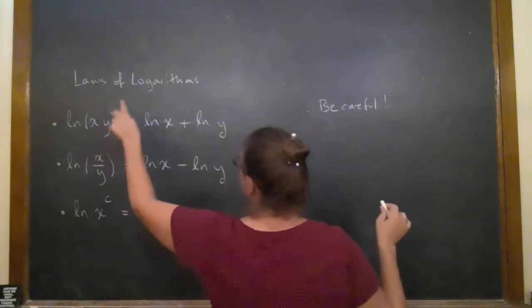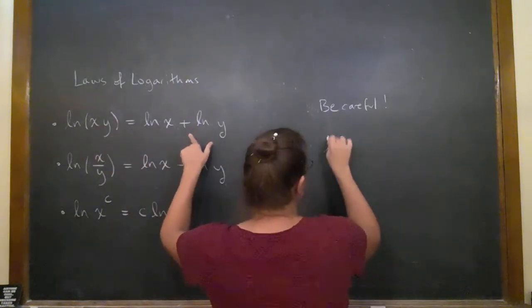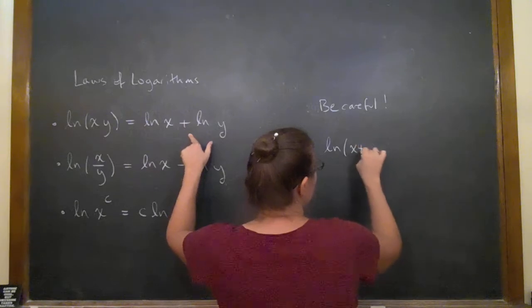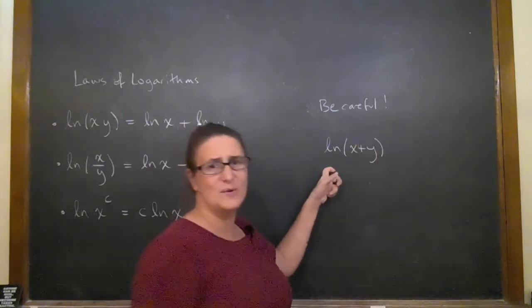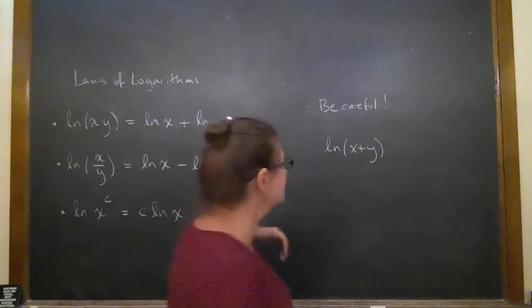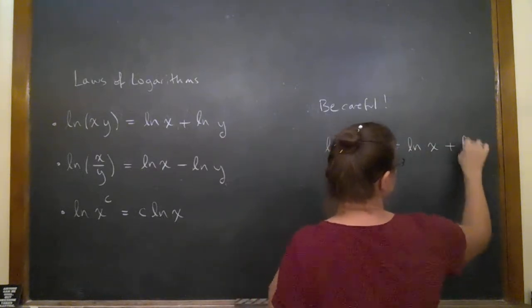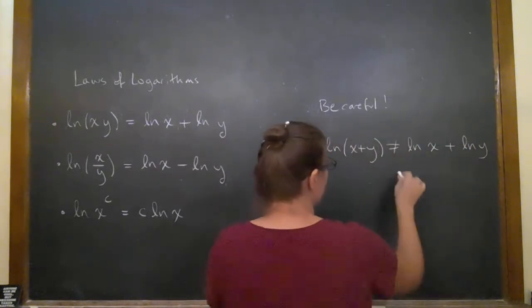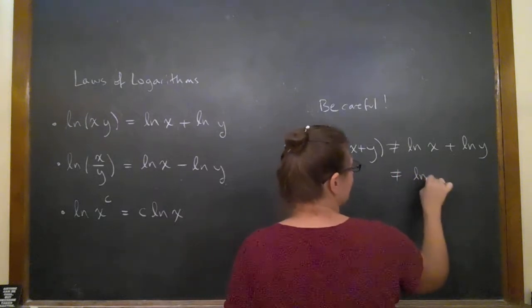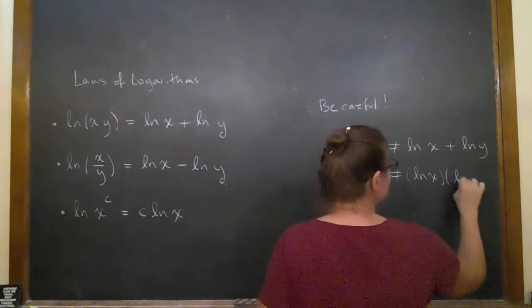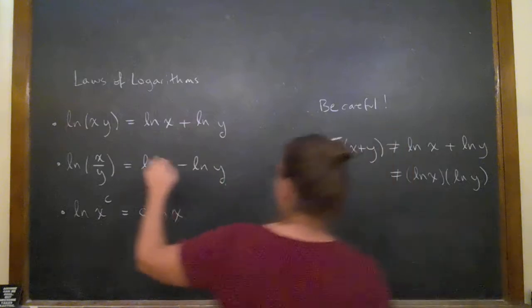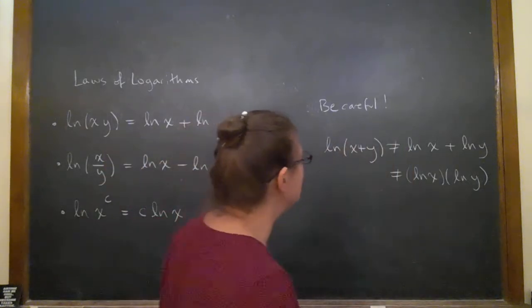This multiply inside goes to a plus here. If I have natural log of x plus y, I can't do anything with that. So this is not equal to natural log of x plus natural log of y. It's also not equal to natural log of x times natural log of y, if somehow you got this one confused with that one.